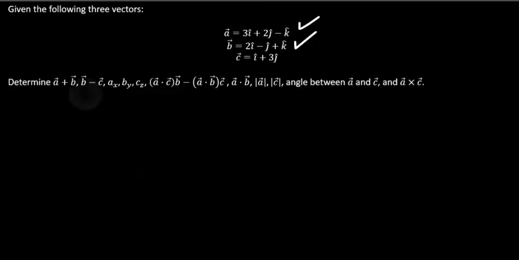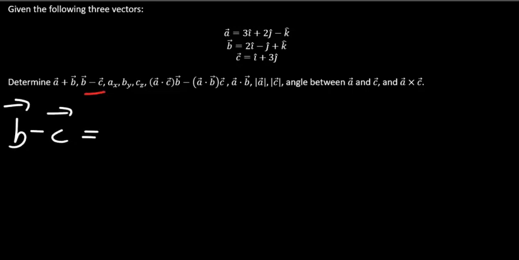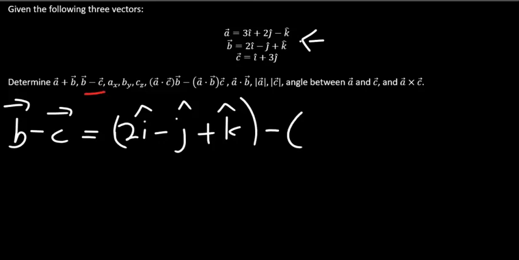Now let's do vector B minus vector C. Let's look at what B is. B is 2i hat minus j hat plus k hat, minus vector C, the third vector, which is i hat plus 3j hat. Again, this is something like a sum operation.